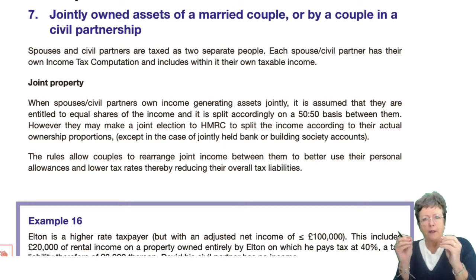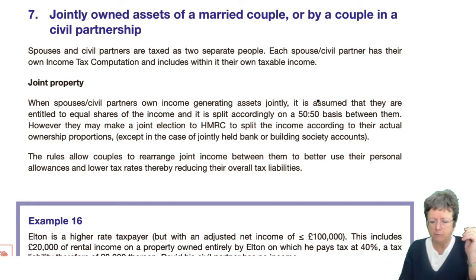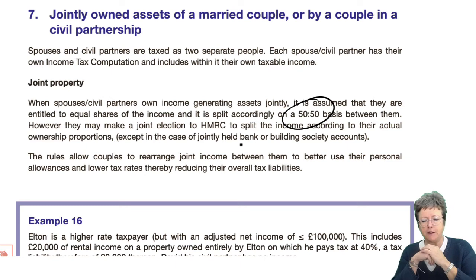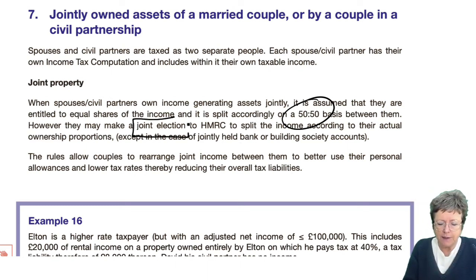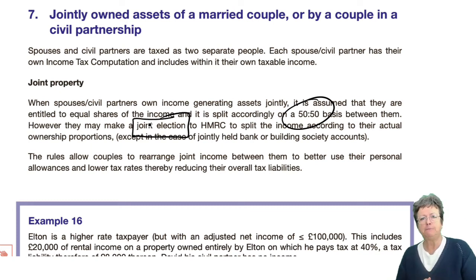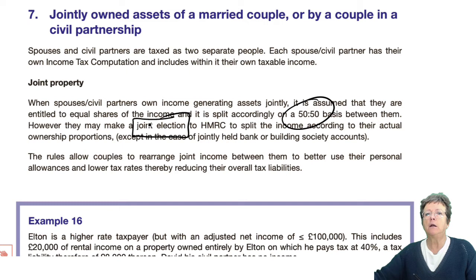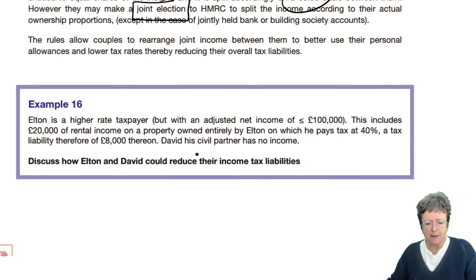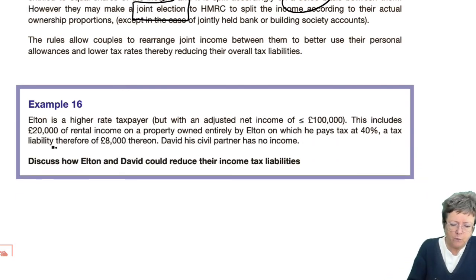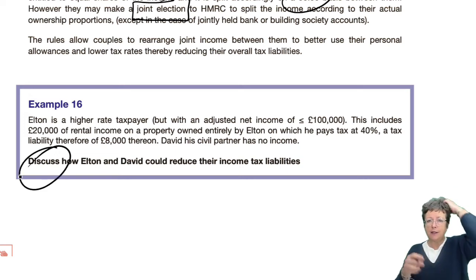It's always split 50-50, unless you make a joint election to split it differently. Unless you make an election, you must apply to the revenue for it to be held differently.